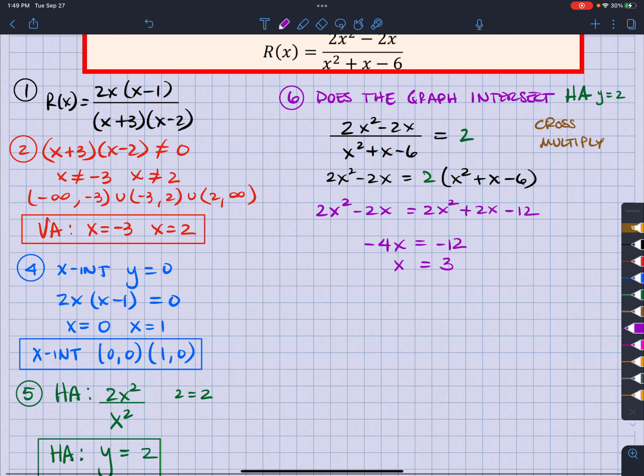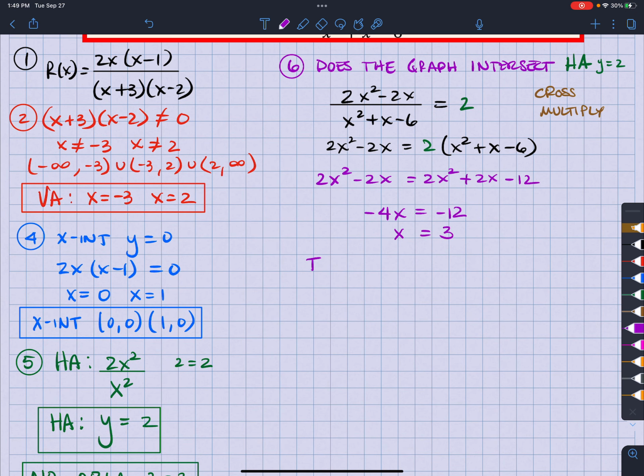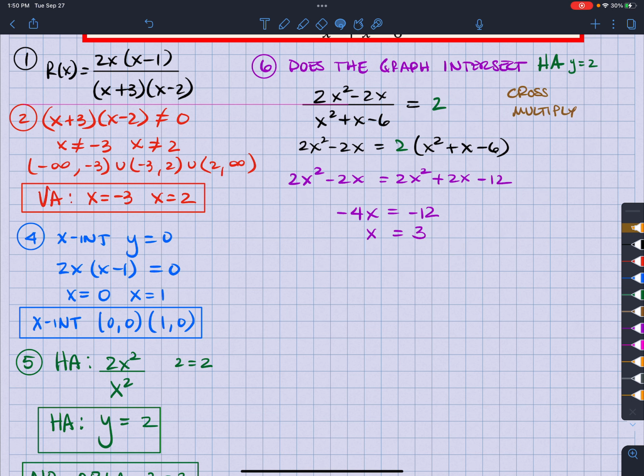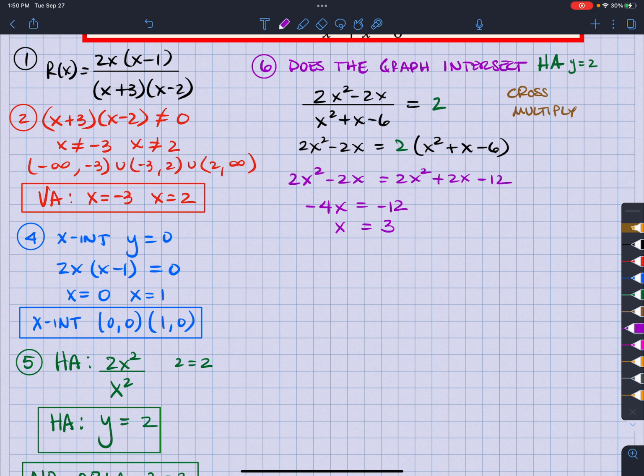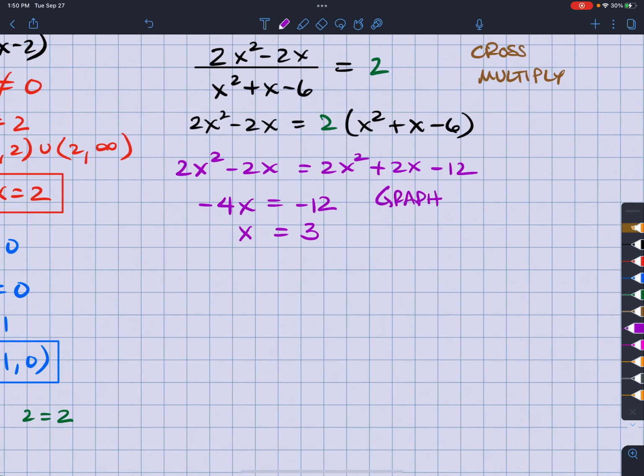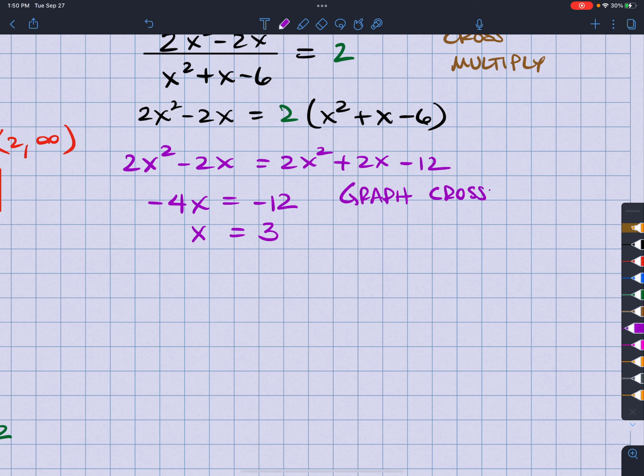So yes, the graph crosses the horizontal asymptote at (3, 2).